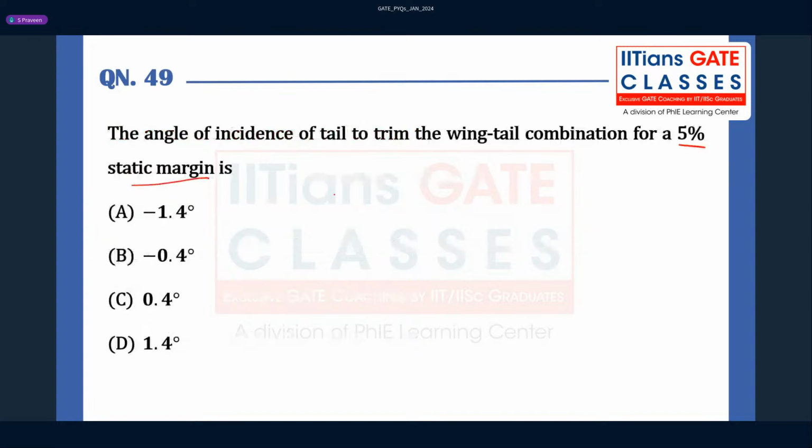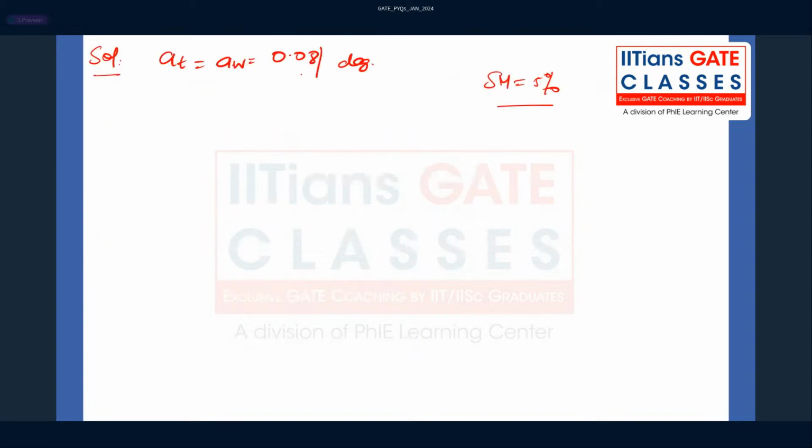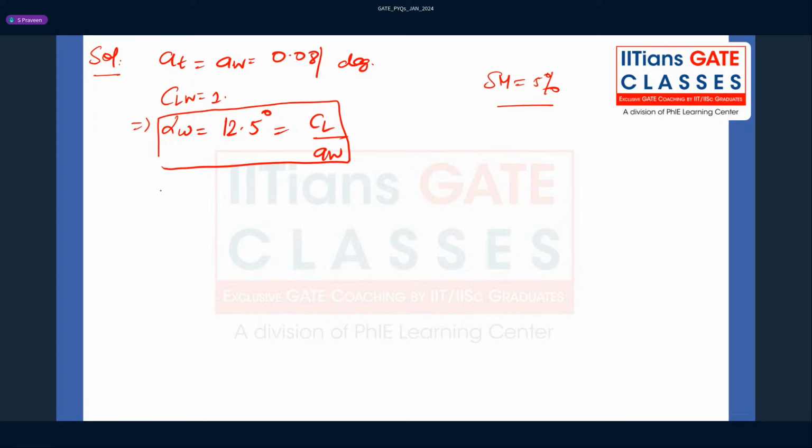So which means CL wing. Therefore I can write the alpha wing as 1 divided by 0.08, so you'll get 12.5 degree, CL by AW. This is the angle of attack. Let's keep it aside.